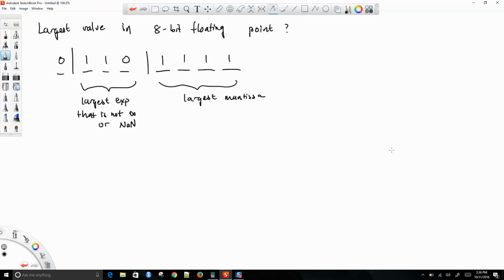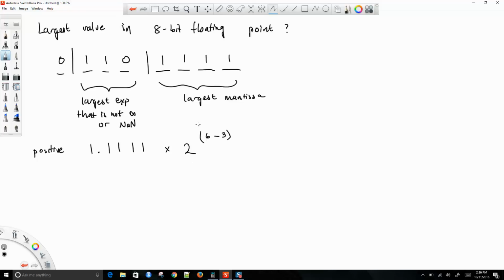Okay, and so what value does this represent in decimal? This would be a positive 1.1111, using our mantissa there, times 2 to the, what's 110? 6, right? But we have to include the bias and subtract off 3, so this is going to be 2 to the 3.